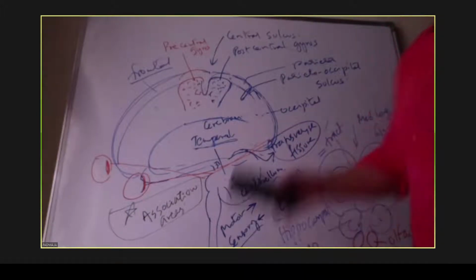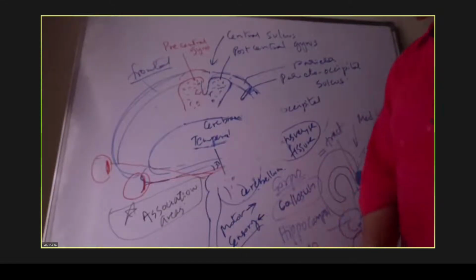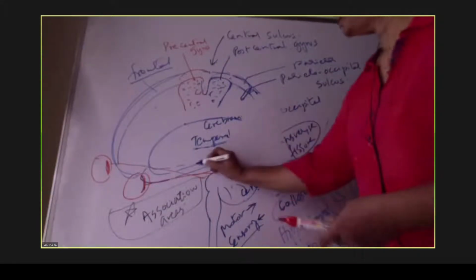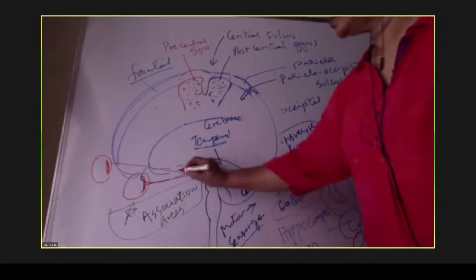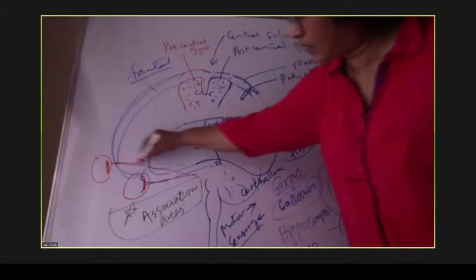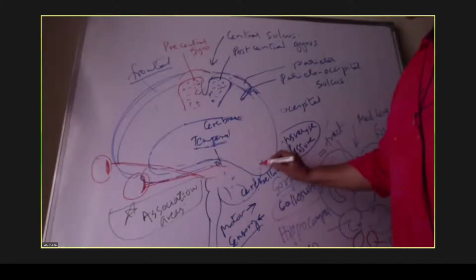So this nerve track crosses in front of the pituitary gland and these nerve tracks end here.